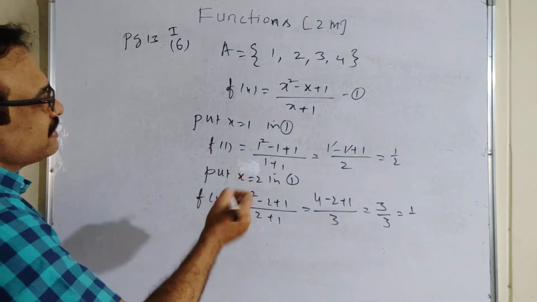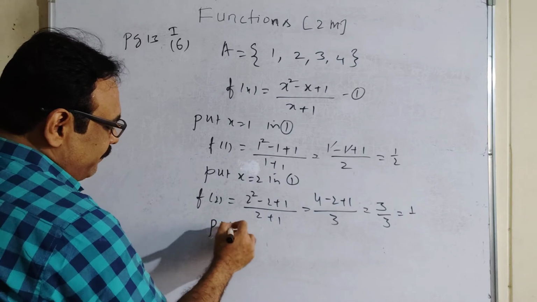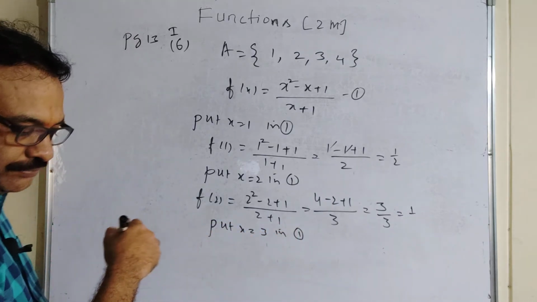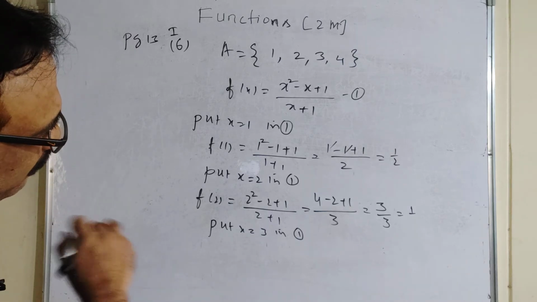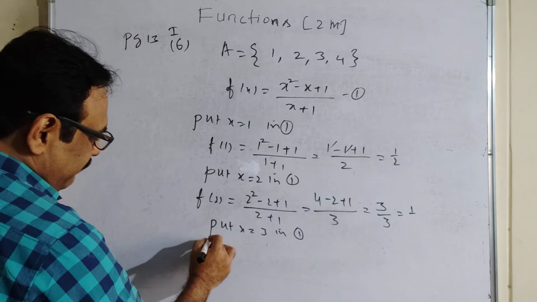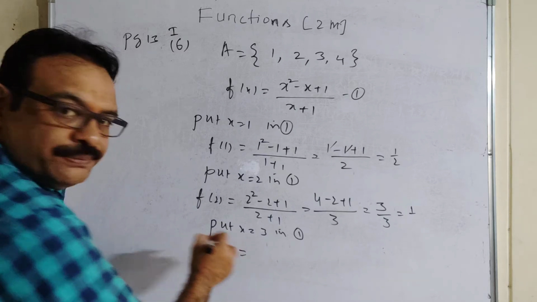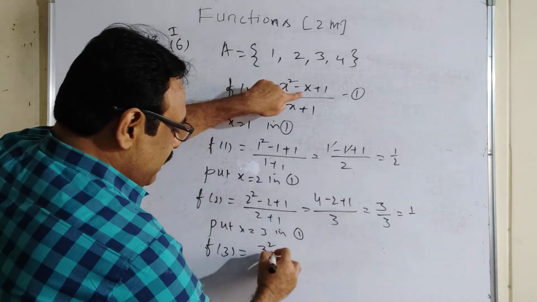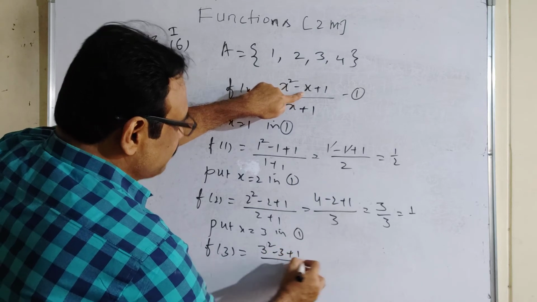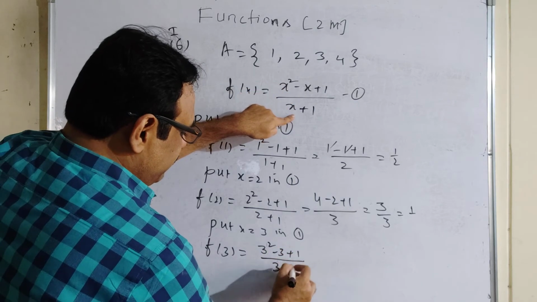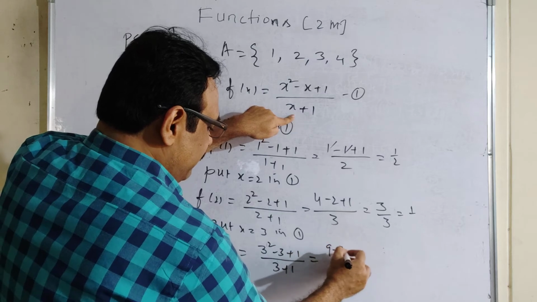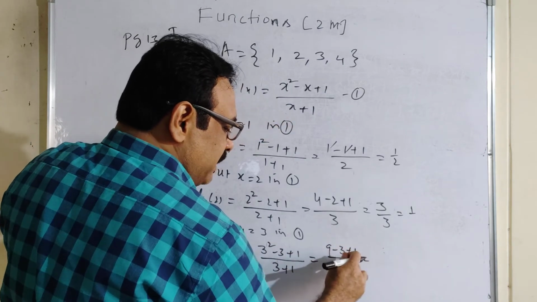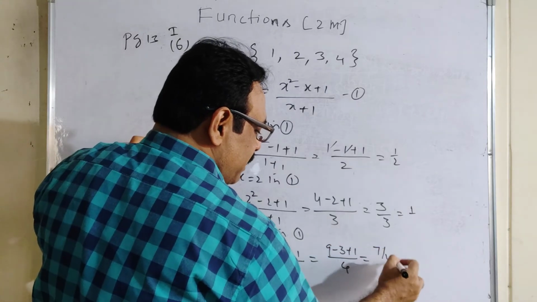I'll take the third value. Put x = 3 in result 1. f(3) = (3² - 3 + 1)/(3 + 1). So 9 minus 3 plus 1 over 4. 9 plus 1 is 10, 10 minus 3 is 7, so 7/4.